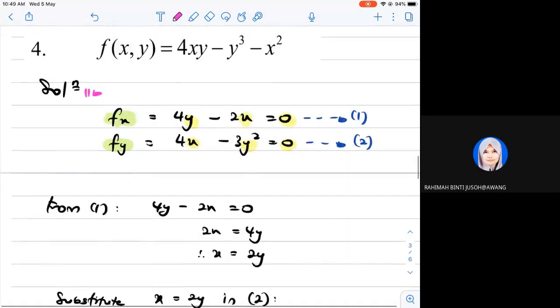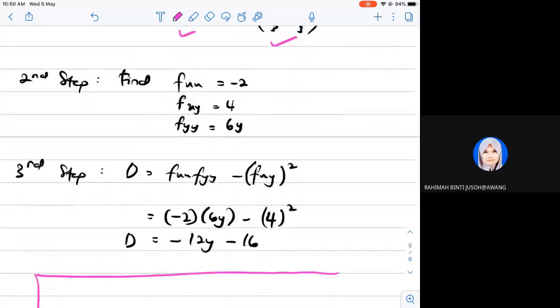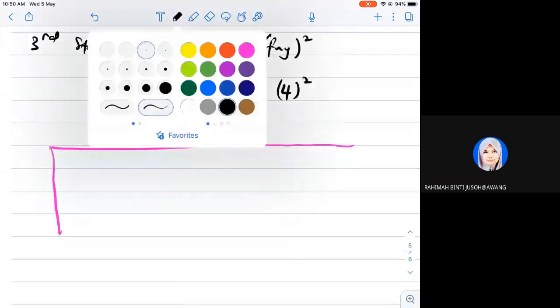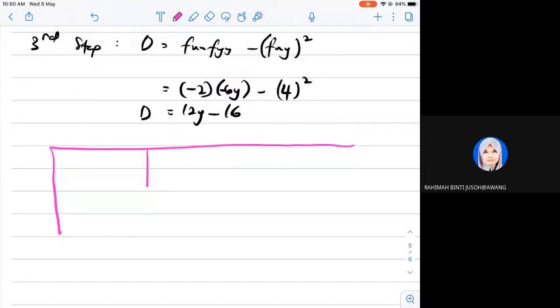Oh, negative 6y. Saya tertinggal negative. Thank you so much. So negative 6y. So negative dia jadi positif lah kan? 12y minus 16 kan? Macam ni. Betul guys? Yes, doctor. Okay. Thank you so much. Alright, so jom kita buat table.